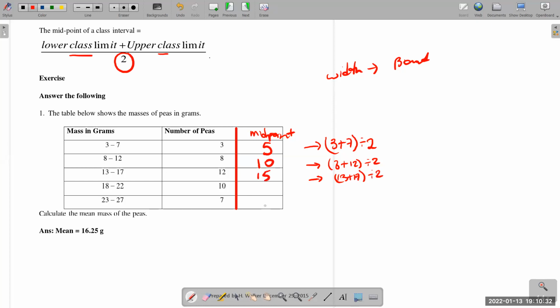Okay, Natalia, you work out this one when you tell me this one. So what is the midpoint for 18 to 22? Natalia, what is the midpoint for 23 to 27? I know it already, but I just want to see if y'all could calculate it on your own.